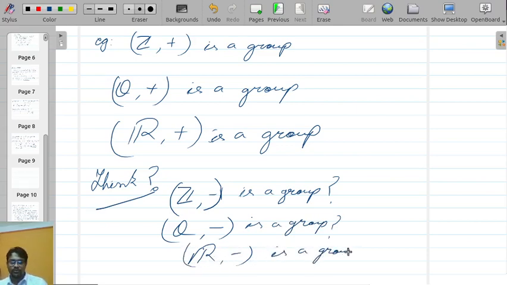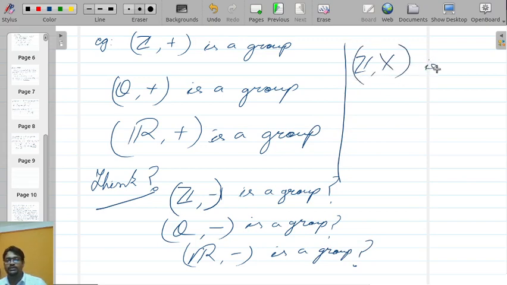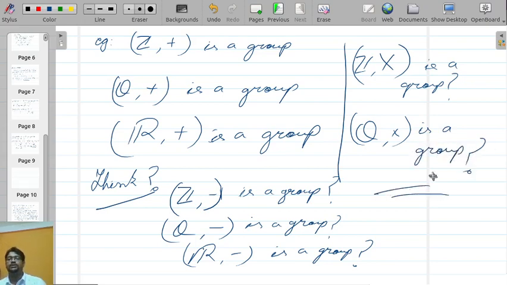You try to think on this. Also, think whether Z with respect to multiplication is a group or not. Q with respect to multiplication, is it a group or not? Does it satisfy all these properties that we have listed?